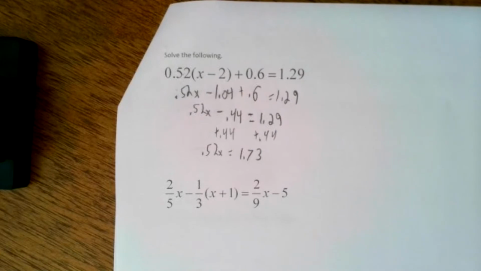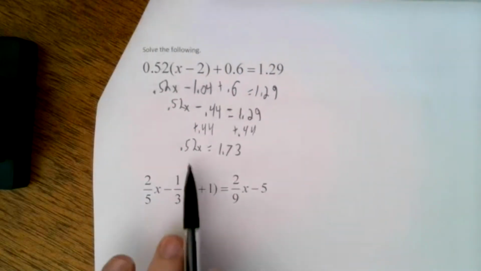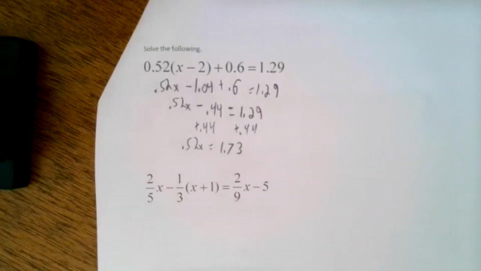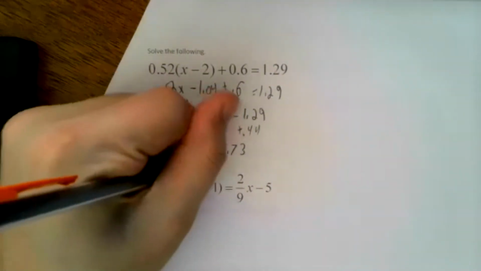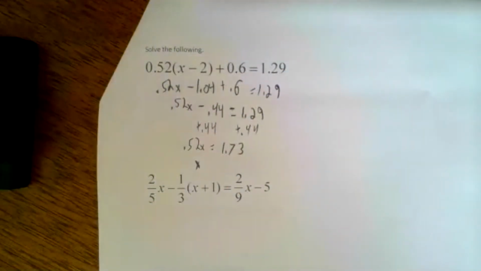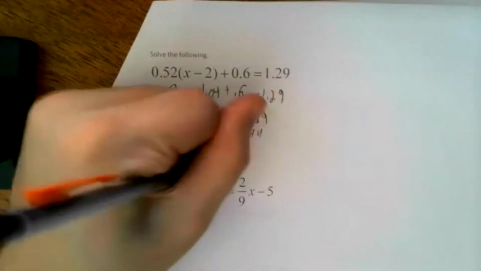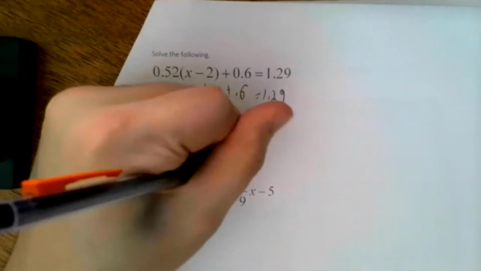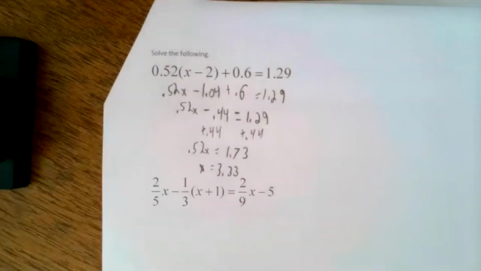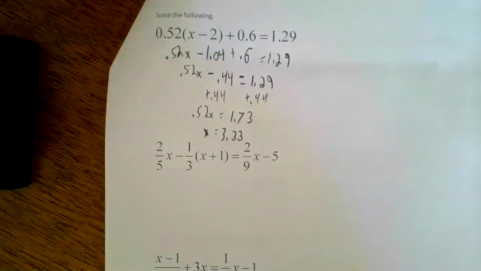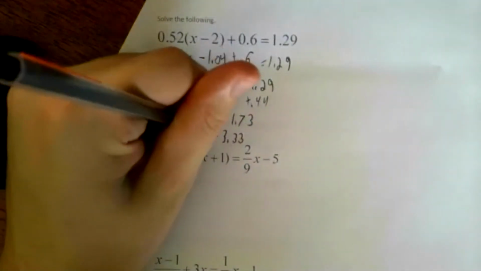And then finally, my last step is just dividing by 0.52 on both sides. So I get x by itself on this side, 1.73 divided by 0.52, we get 3.33. So I'm going to round it off to the second decimal place there. Okay. So 3.33. Okay.